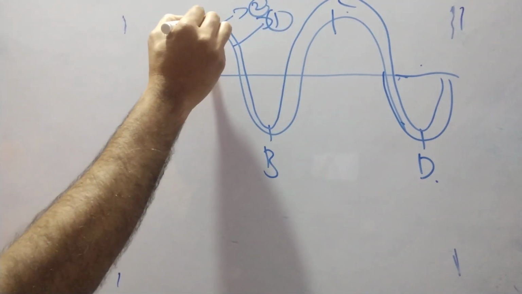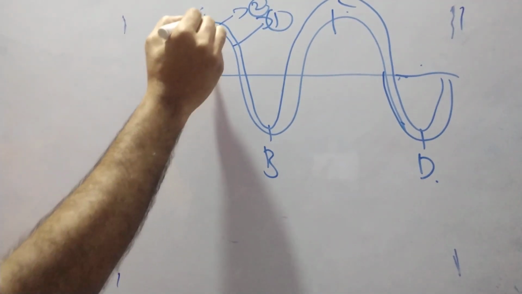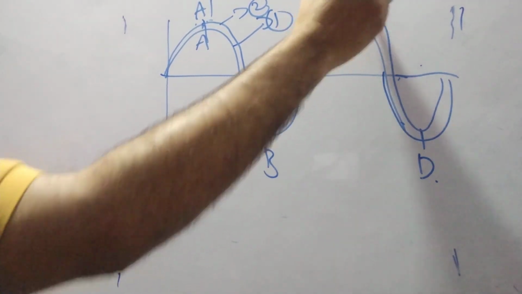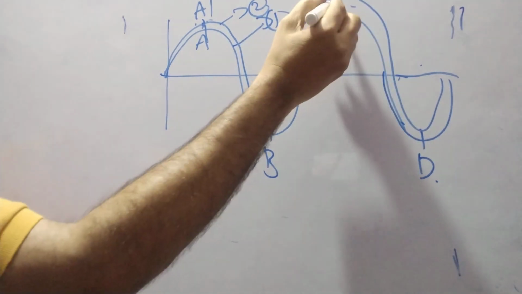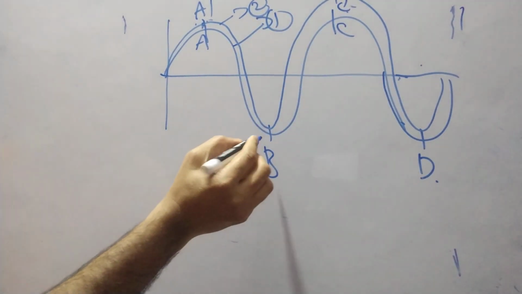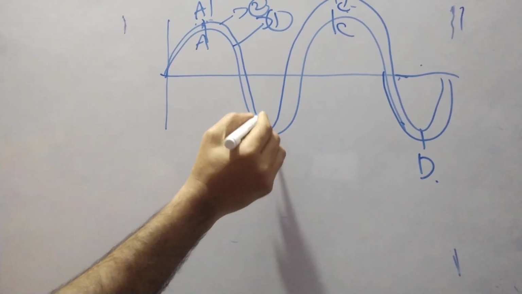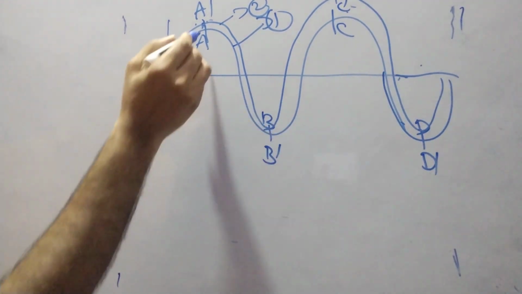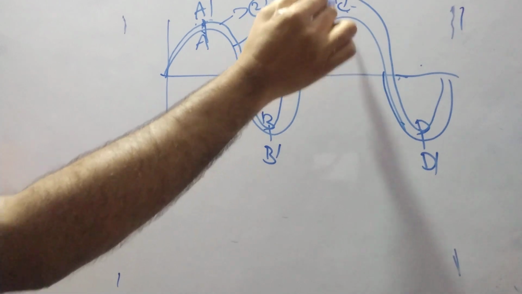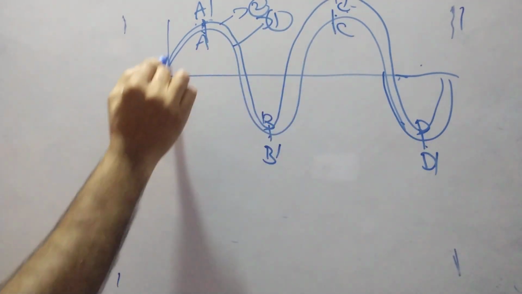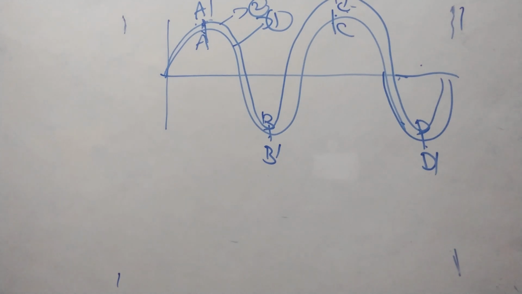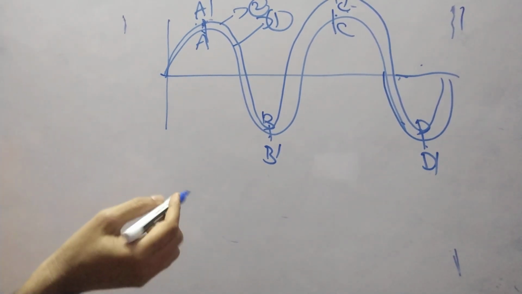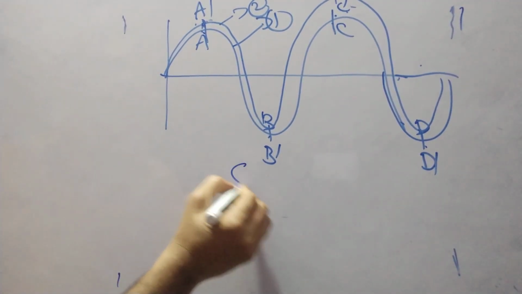The first wave's A has A dash, C has C dash, B has B dash, and D has D dash. So crests are attached and troughs are attached. This is a superimposing of two waves, and the process you are doing is known as constructive interference.